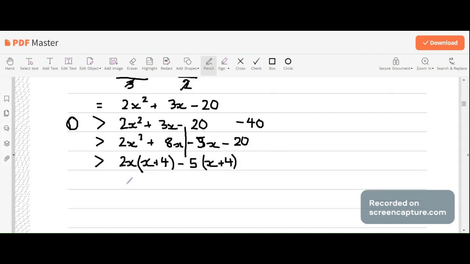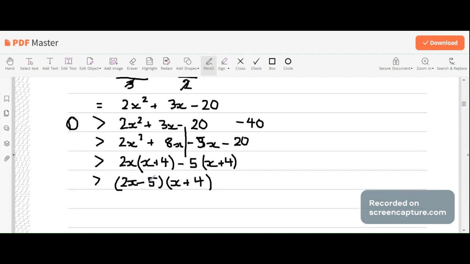So it's going to be 2x minus 5 and x plus 4. Hope you guys understand what I did there. Should be pretty simple. It does take a while to get used to, but okay, we can quickly check this. 2x squared plus 8x minus 5x and then minus 20, so that's going to be correct.